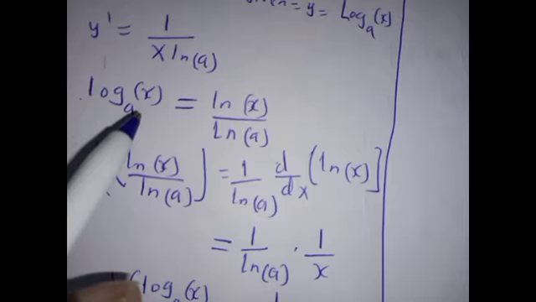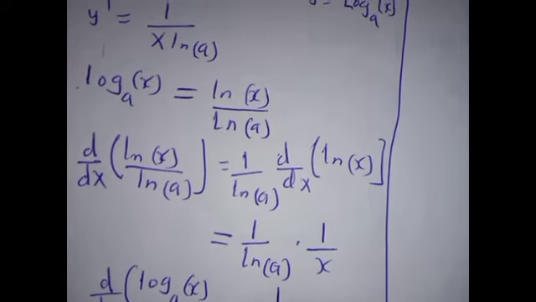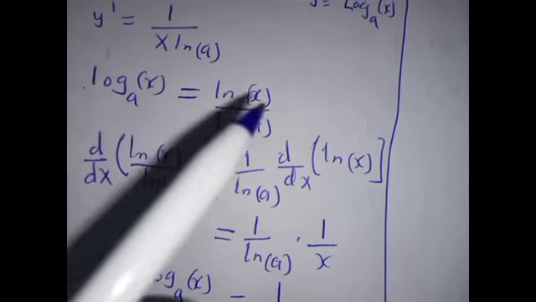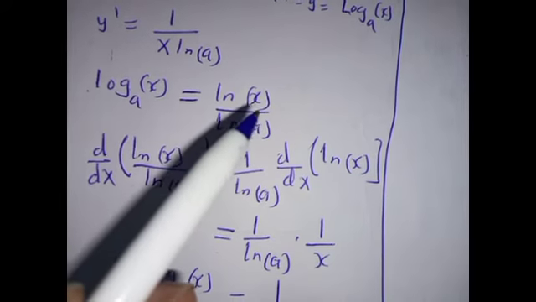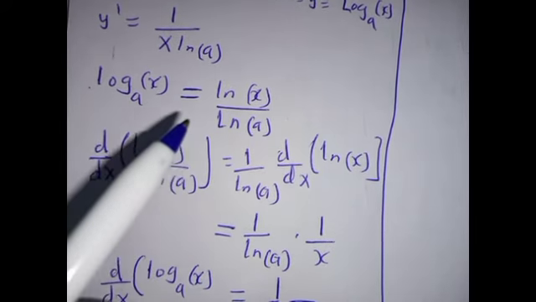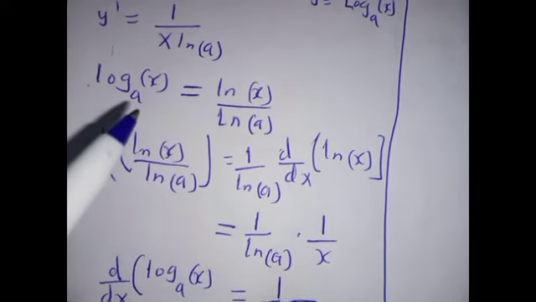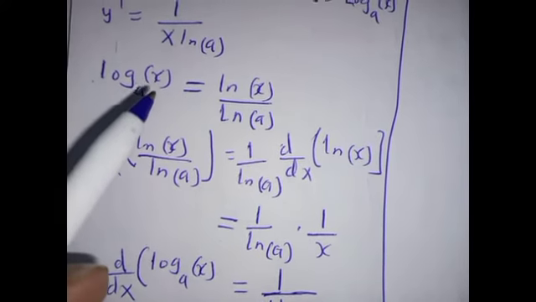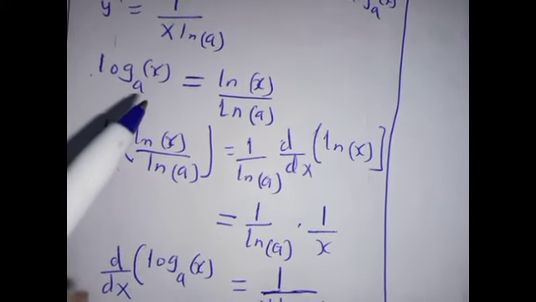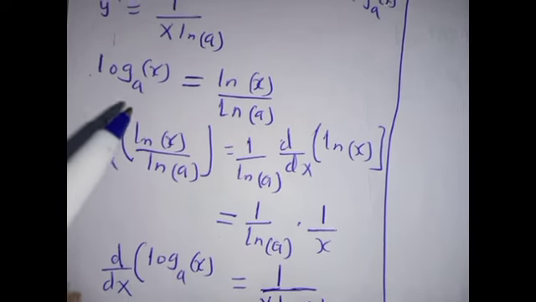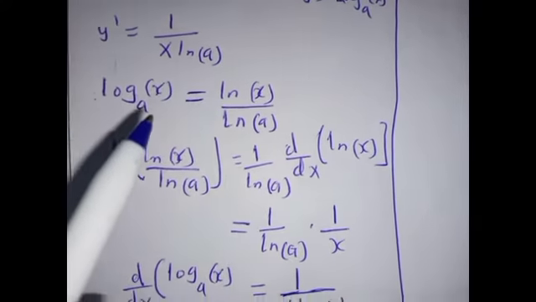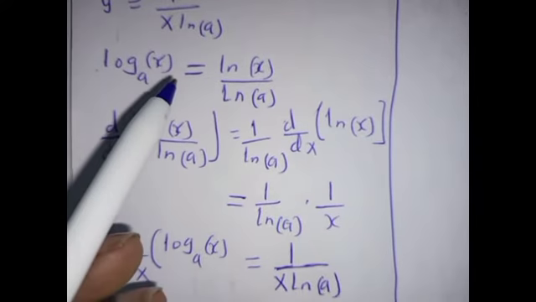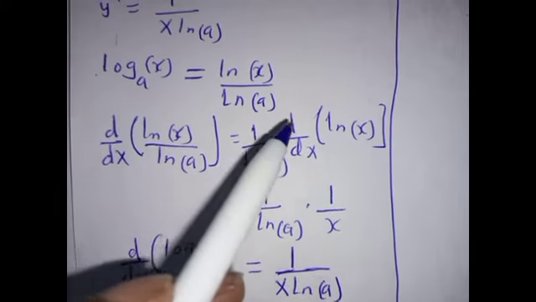One of the laws tells us that logarithm of x to base a is the same as logarithm of x to another base divided by logarithm of a. So when you have a logarithm of a number, you can write it in terms of logarithm to the same base. So it will be natural logarithm of x divided by natural logarithm of a.